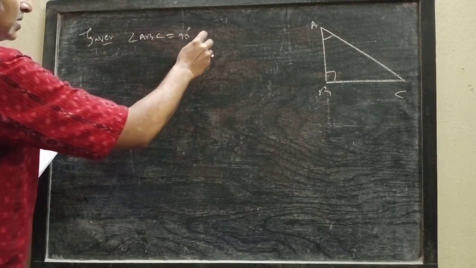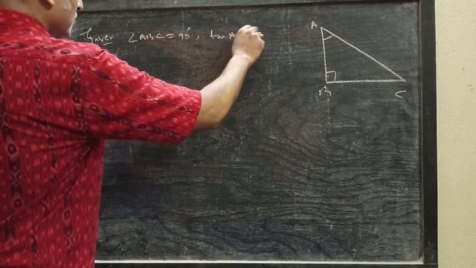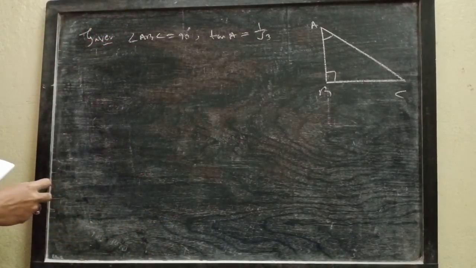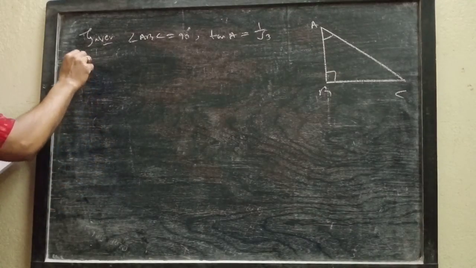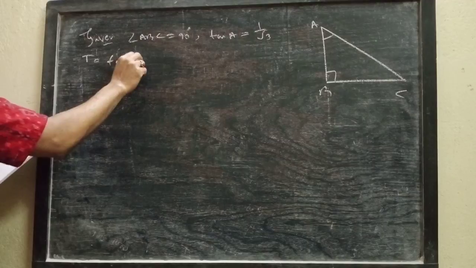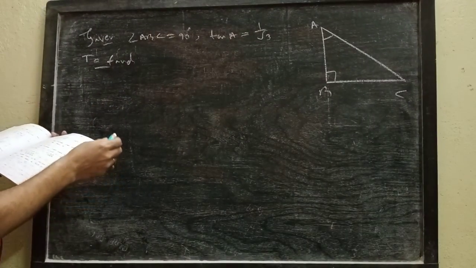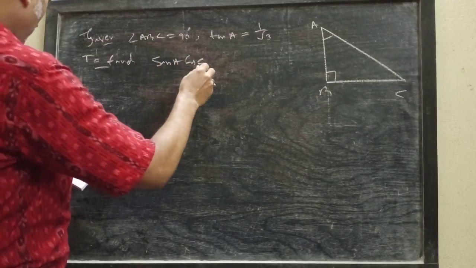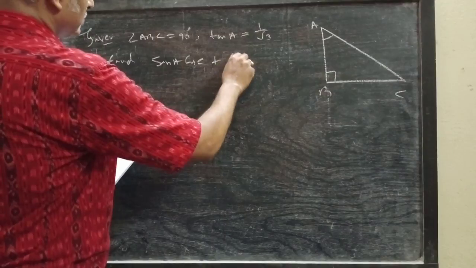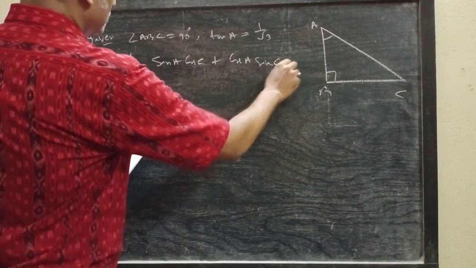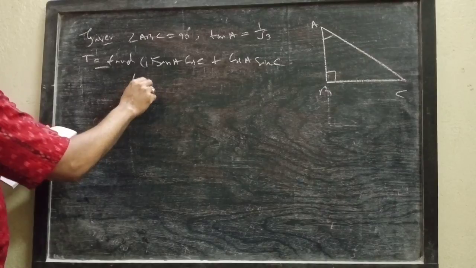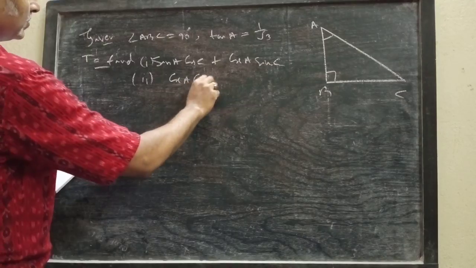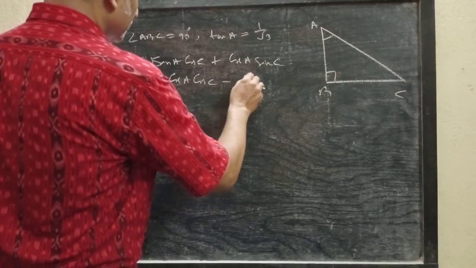Angle ABC is 90 degree, tan A is 1 by root 3. These two facts are given. To find, number 1, sin A cos C plus cos A sin C. Number 2, we have to find cos A cos C minus sin A sin C.